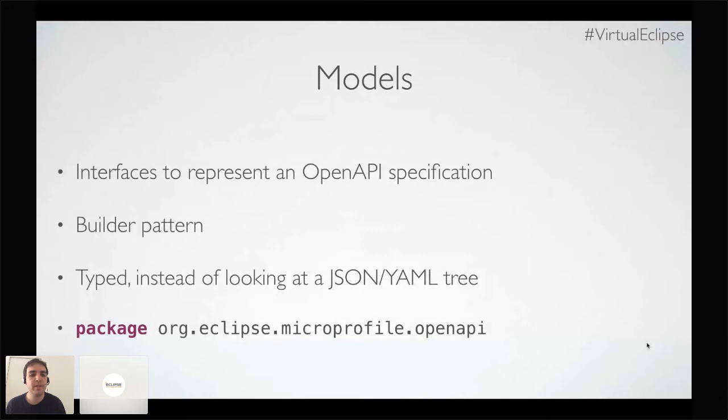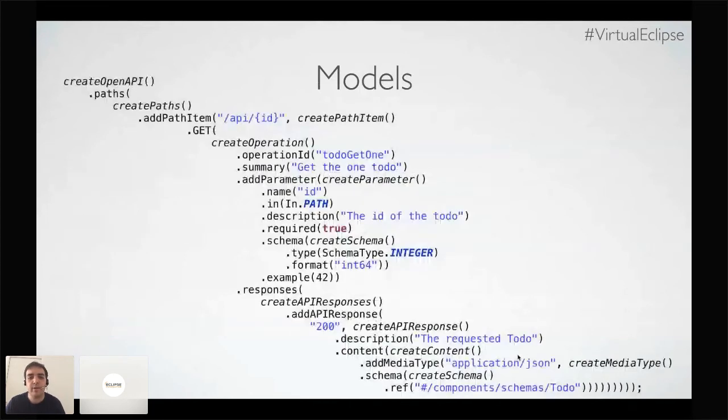You have some builder pattern in order to create your own objects, and what you get is a typed representation of the JSON or of the YAML file, and it's much easier to navigate with this typed approach than parsing or reading the YAML file manually. So the models, the interfaces, they are defined in this package. And this is an example of how you can now create an OpenAPI specification by code.